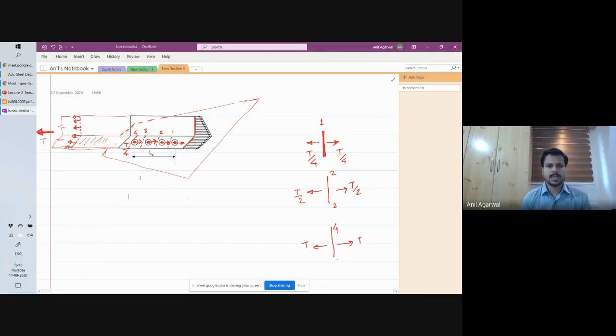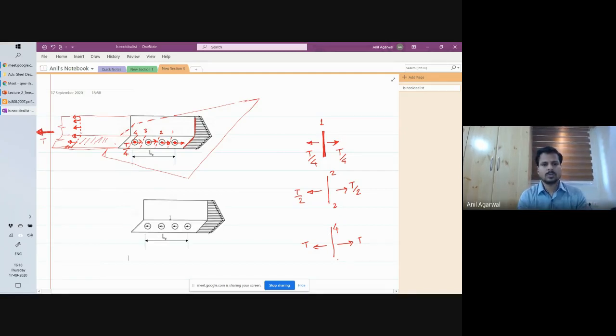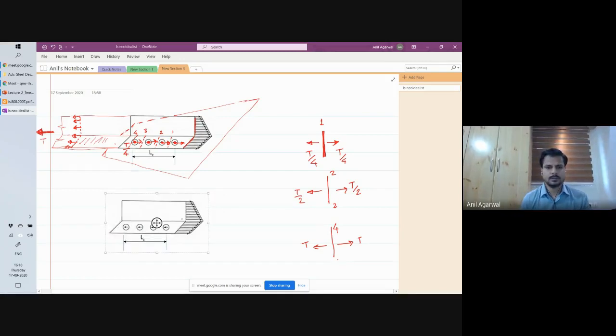So what might be happening is that any force that is applied here on this angle gets distributed slowly to the entire width.